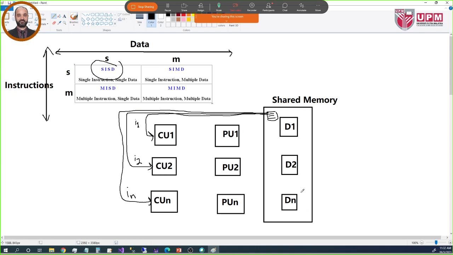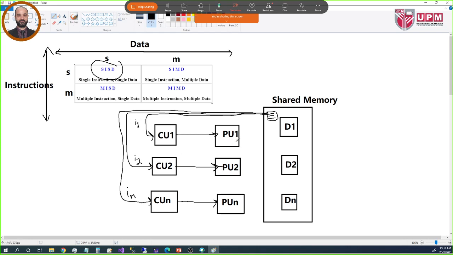These instructions are going to be called by the control units. Then they have to be pushed to the processing units like that, in parallel at the same time. So here we can see we started dealing with a kind of parallelism. Here we will run multiple instructions at the same time.